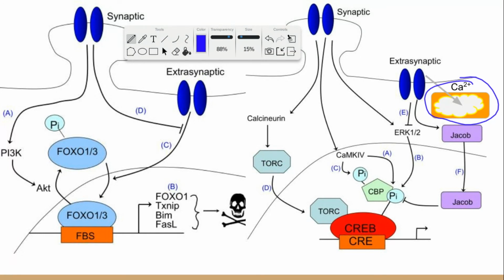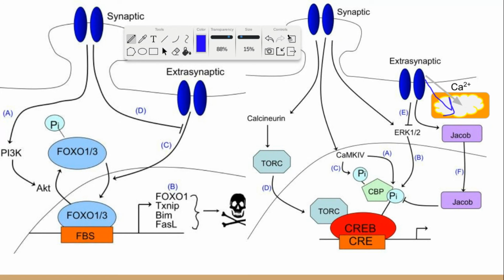So when it comes to NMDARs and neuronal calcium flux, the actual location of NMDA receptors is really critical, because extrasynaptic NMDARs are coupled to unique postsynaptic densities that can activate Jacob, for example, which inhibits CREB. You can also see the activation of DAPK to promote apoptosis. And extrasynaptic NMDARs are also in close proximity to mitochondria to expose them to potentially harmful calcium flux.